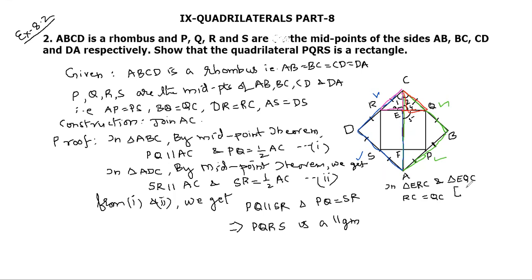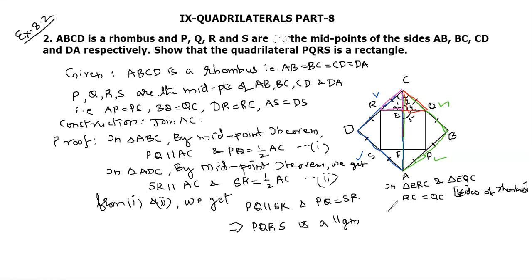Because the sides are equal, half of them will be equal. So half the sides of the same rhombus are equal because the sides are equal.